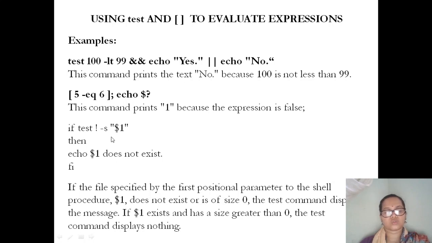If $1 exists and has size greater than 0, then the command will display nothing. So only if the file is absent or its size is 0 will it say it does not exist.